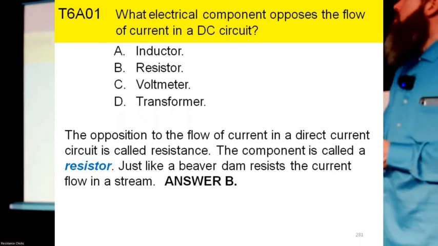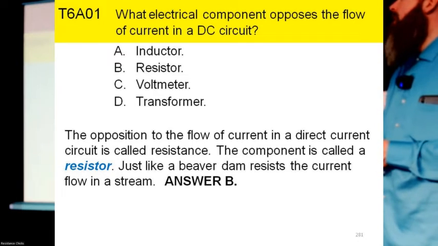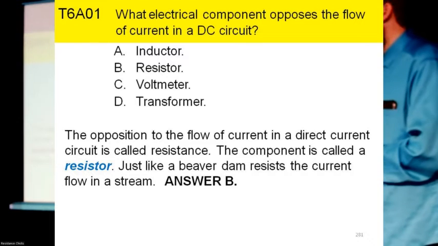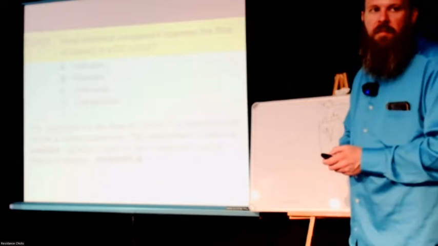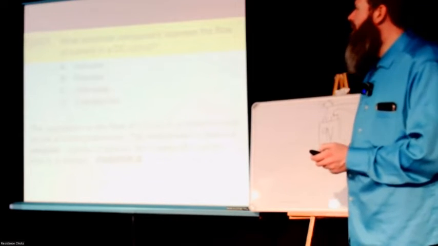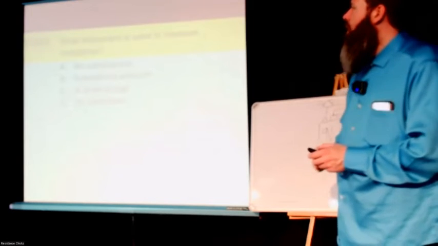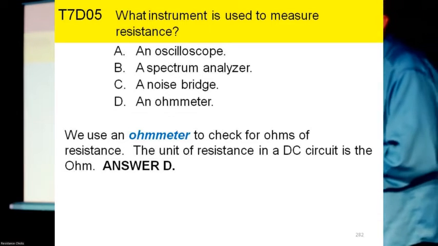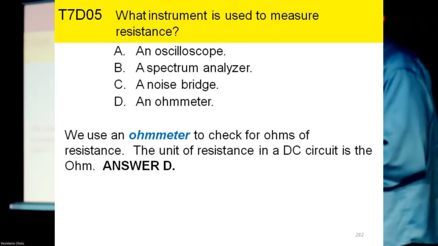What electrical component opposes the flow of current in a DC circuit? It's a resistor. What instrument is used to measure resistance? An ohm meter. Resistance is measured in ohms.